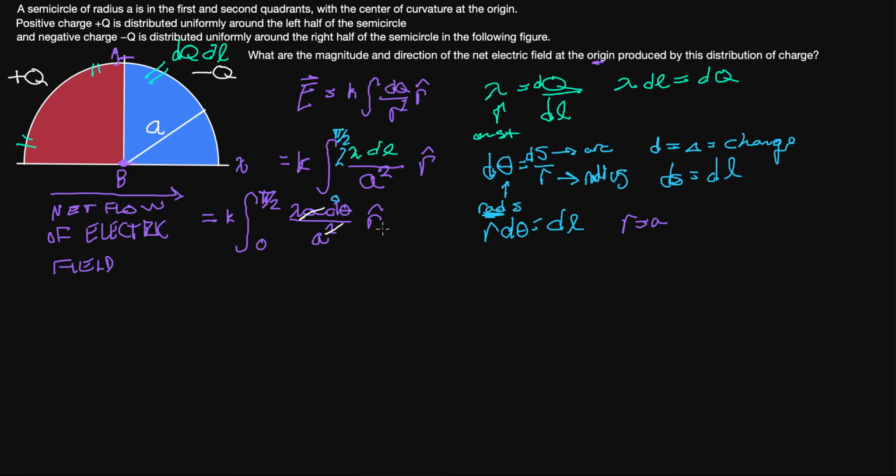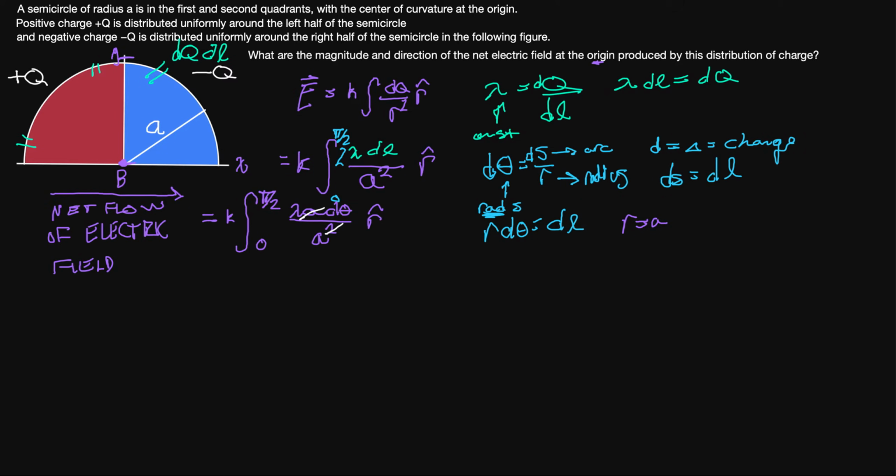And so here you could think about the definition of the unit vector for this, which is r hat equals r over the magnitude of the vector r. But in this situation, I think it's easier personally just to think about, okay, so I know that the net field is flowing in this direction, right?